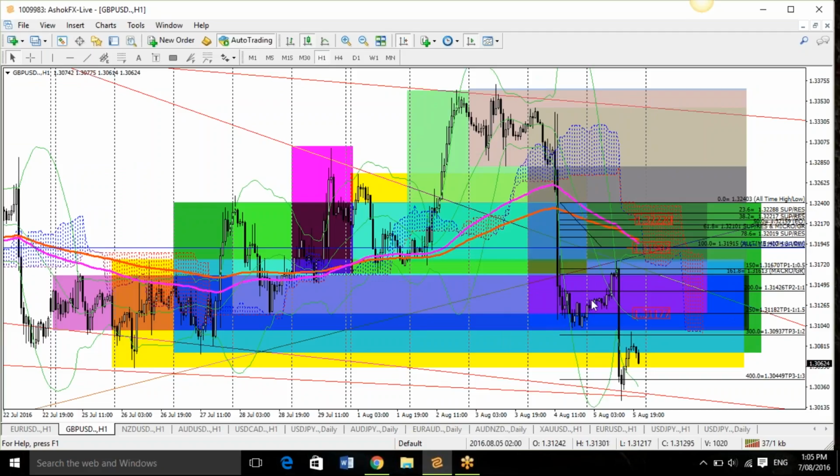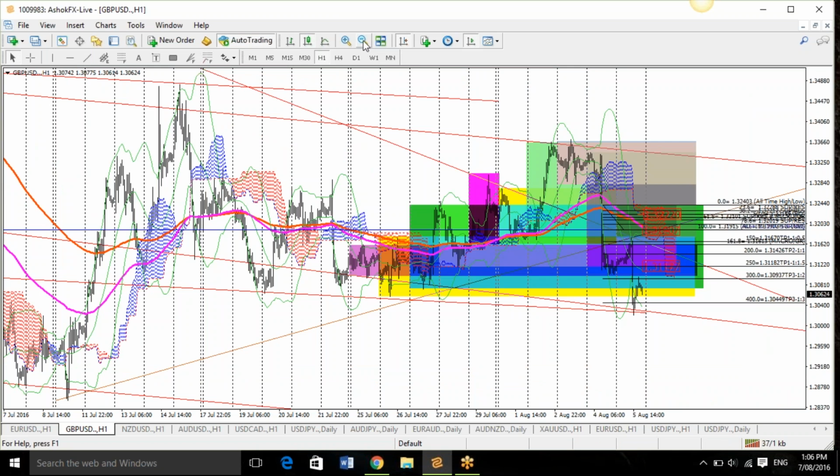It went inside the box, and the last support that was supporting this price was last Monday low. And then it bounced back up again to the highs of last Monday, and then when the NFP result was out, it broke through again, passing through all the previous week's lows.